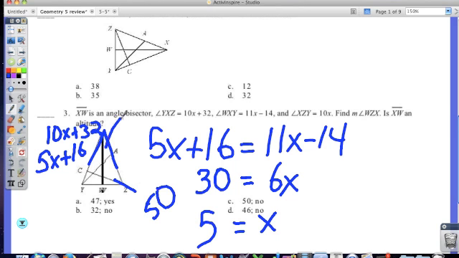And this angle here was 11x minus 14, so that would be 55 minus 14, that would be 41. So if this is 41 and this is 50, is this going to be 90? No, so it's not an altitude, because that's not 90 degrees.